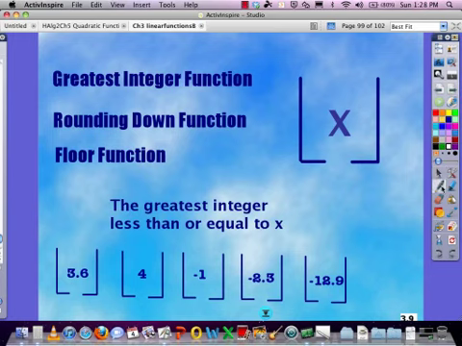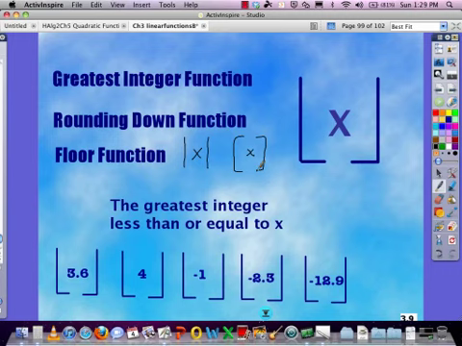They'll also say it looks a lot like our bracket function, so be careful. Here's absolute value of x. Here's just a bracket of x. This is different in that it has the bottom piece of the bracket only, no top piece of the bracket.